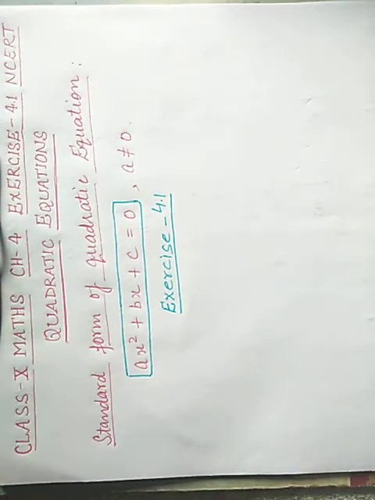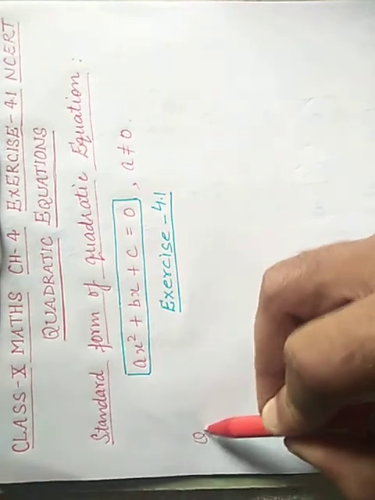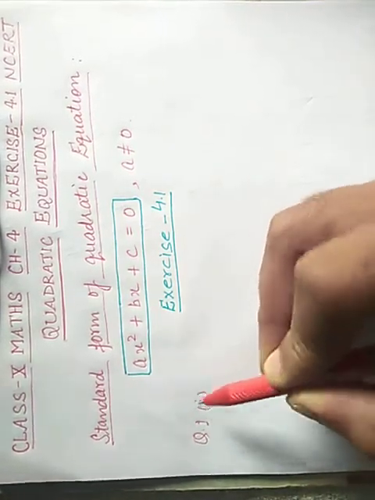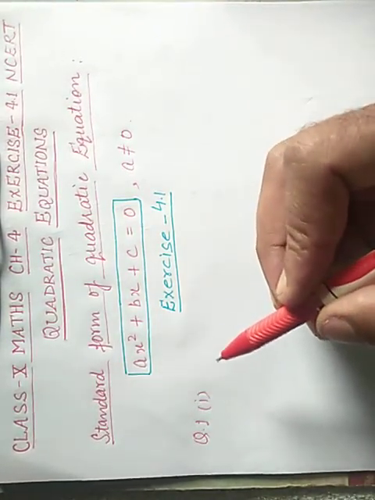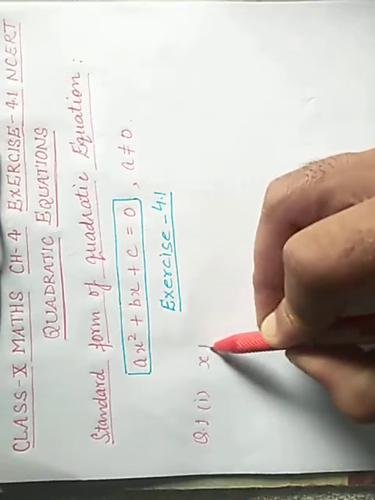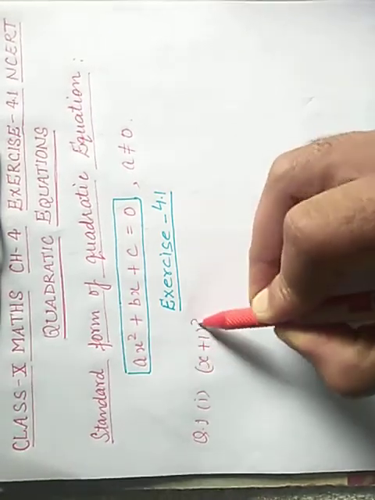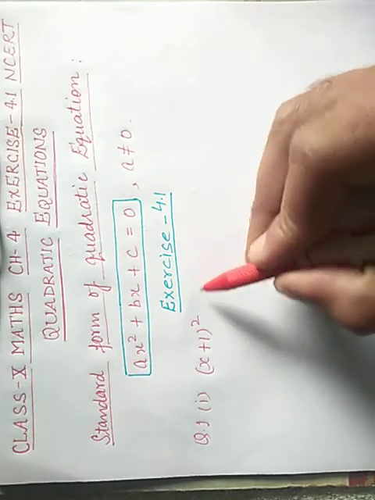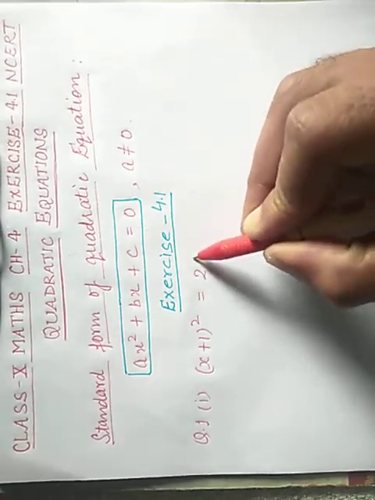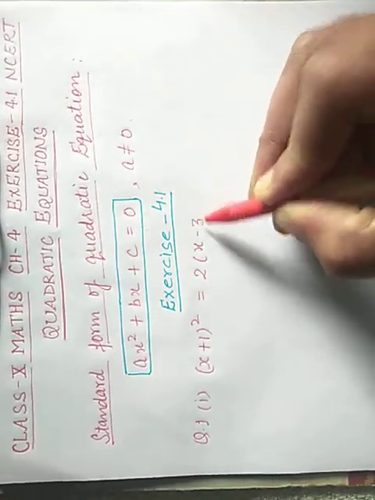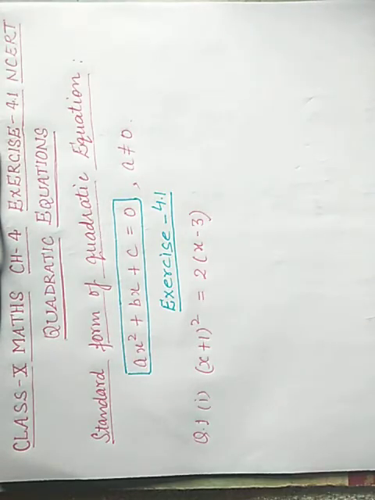Question number 1. First part is given: x plus 1 whole square is equal to 2 into x minus 3. Okay, so we will check now whether the given equation forms a quadratic equation or not.